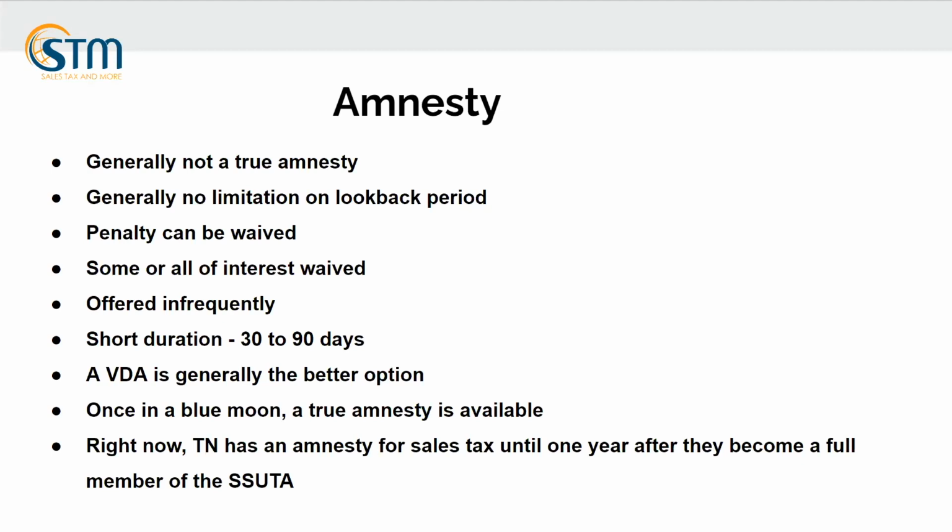So right now, Tennessee has an amnesty for sales tax until 1 year after they become a full member of the Streamlined Sales and Use Tax Agreement. And that is a true amnesty for sales tax, not use tax, not any other type of taxes, but for sales tax.